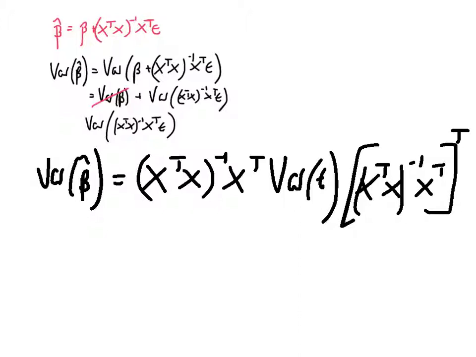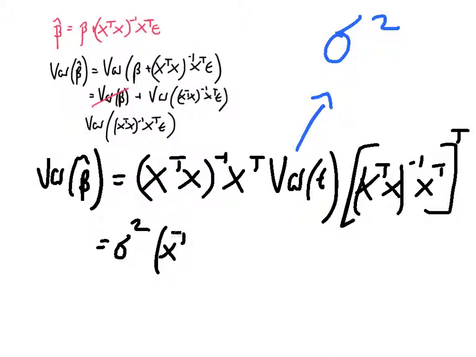Well, we said at the start that under our big assumptions the variance of epsilon was constant and equal to sigma squared, so we can bring this out to the front.